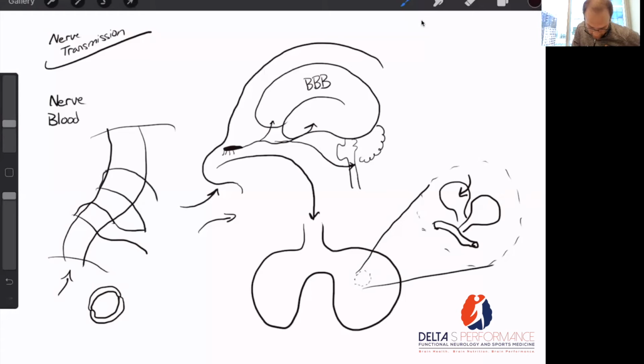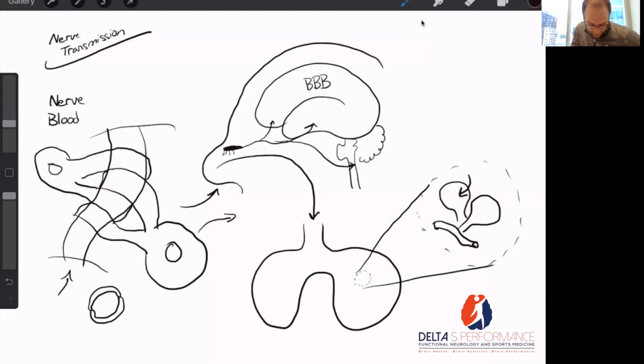It's an immune cell that maintains the integrity of the barrier between your blood vessels and your brain tissue. Normally, you have very tight gaps between cells of astrocytes, which prevents things from getting into the blood vessel.